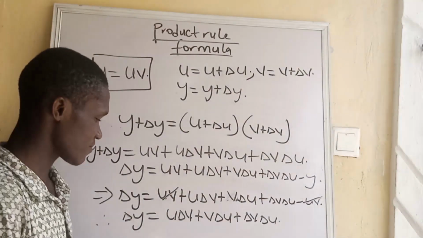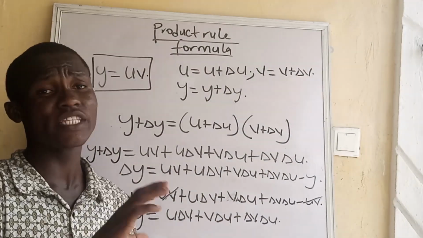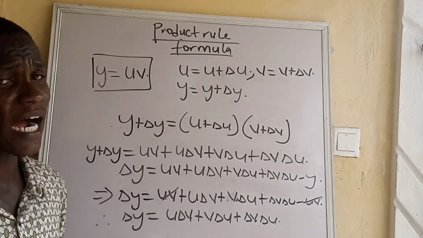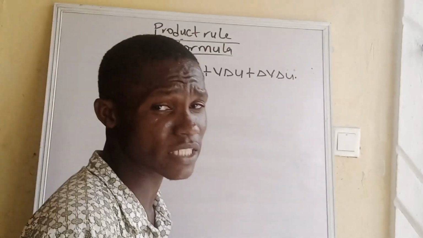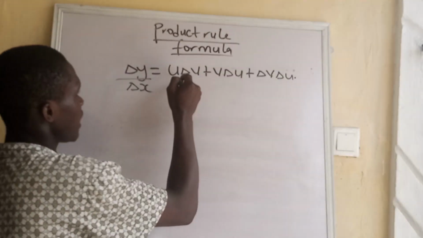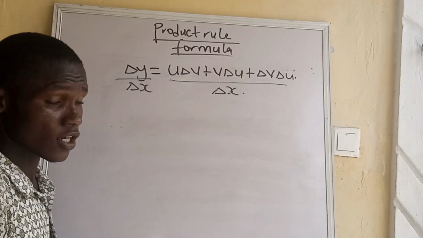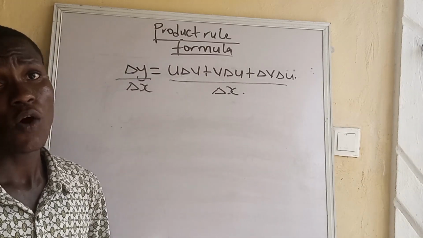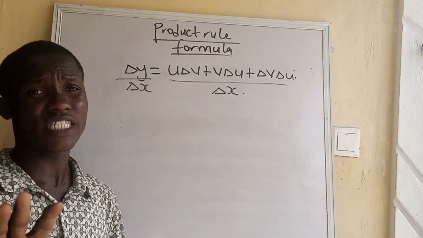Amazing. So what is the next step we are going to do? We are going to divide through by delta x. Having all this, we are going to divide both sides by delta x. So we are going to say all over delta x, all over delta x. So the next amazing step we are going to do, we are going to make each of these values have their own denominator.